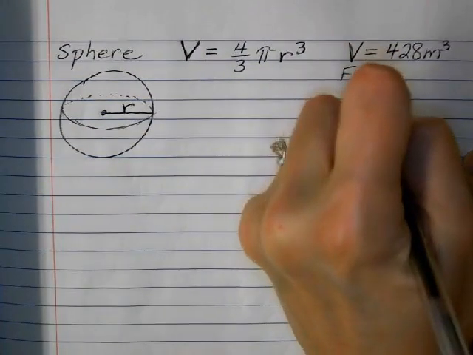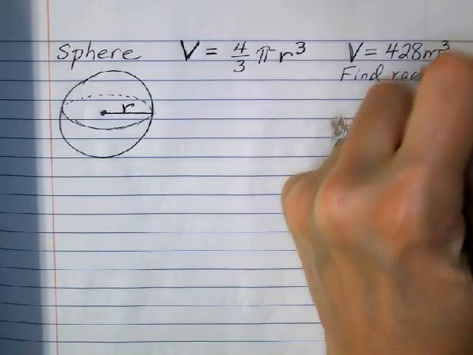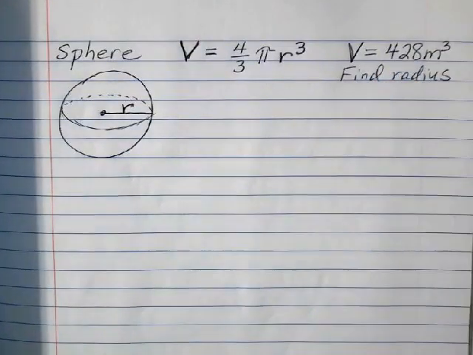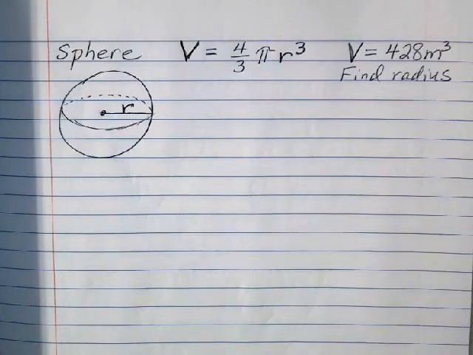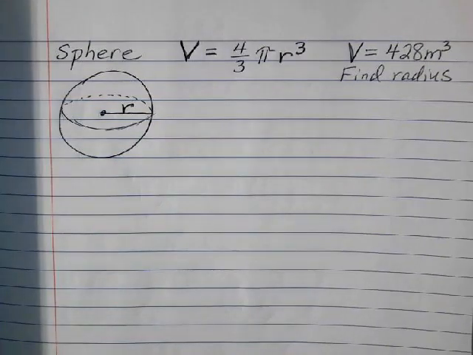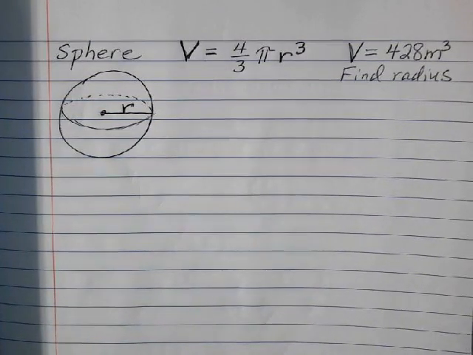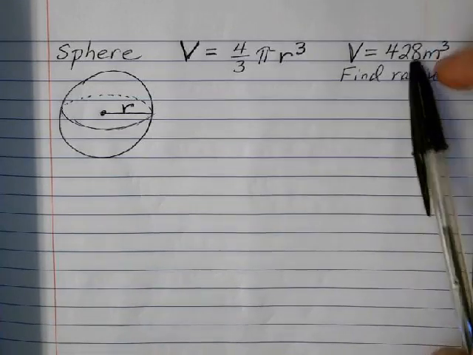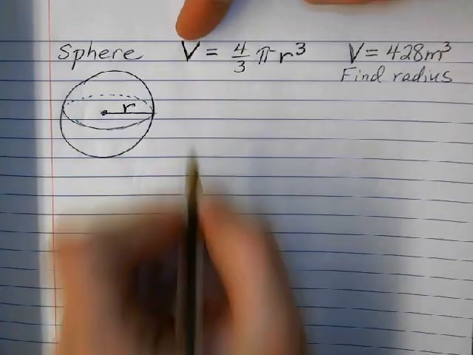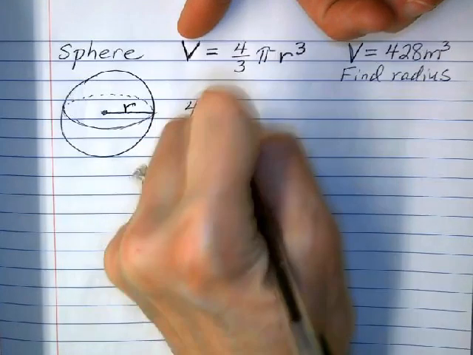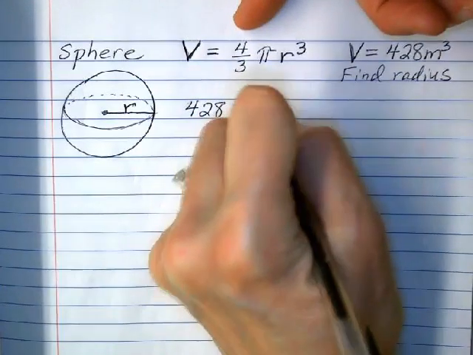We should be able to do that since we know how to do different roots and these radicals in this chapter. So I'm telling you the volume number, so you put that in for the V. You put 428 equals 4/3 pi r cubed.